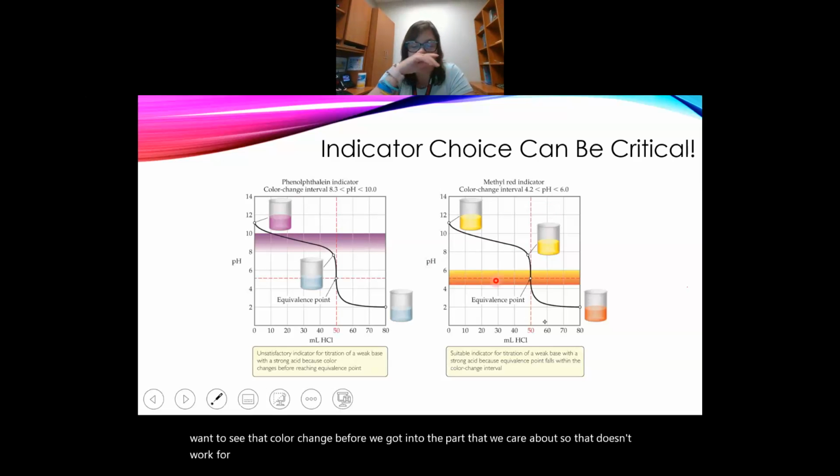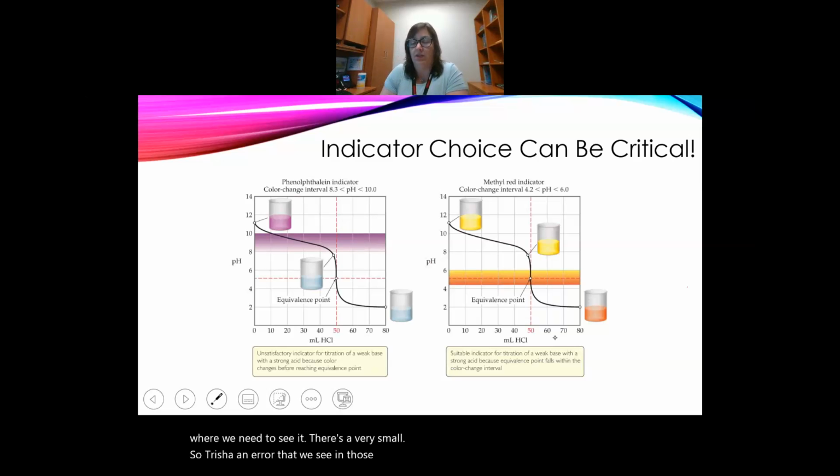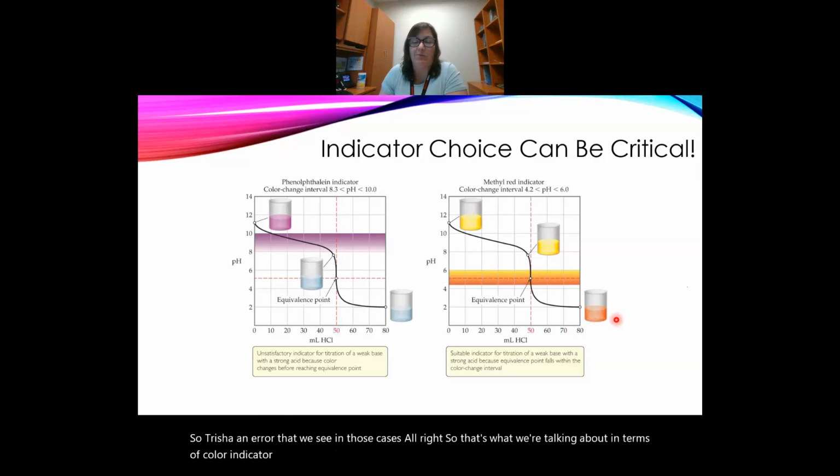Here is a suitable indicator for titration of a weak base with a strong acid, because the equivalence point falls within the color change. Chances are we're going to see it exactly where we need to see it, and there's a very small titration error in those cases. That's what we're talking about in terms of indicator choice and how well it represents our equivalence point.